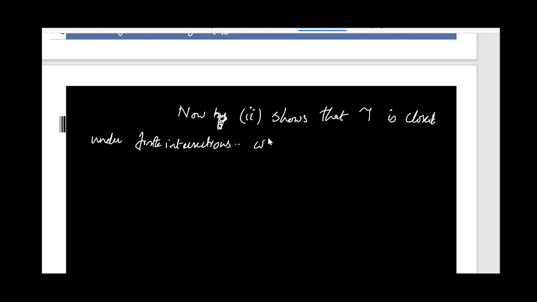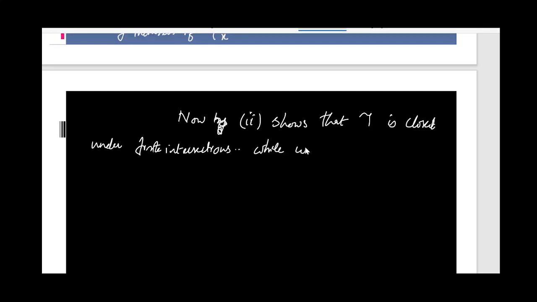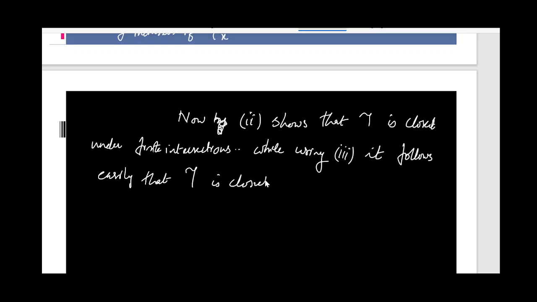While using condition 3, it follows easily that, because a union is again going to be a neighborhood, or superset, it follows easily that this collection is closed under arbitrary unions.